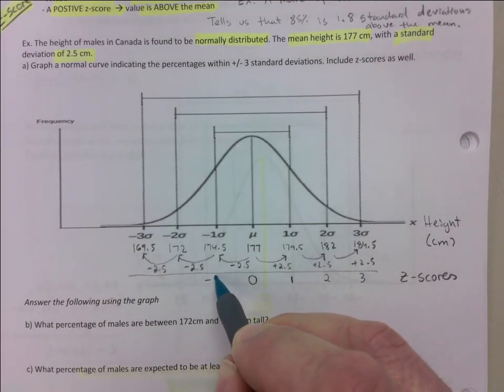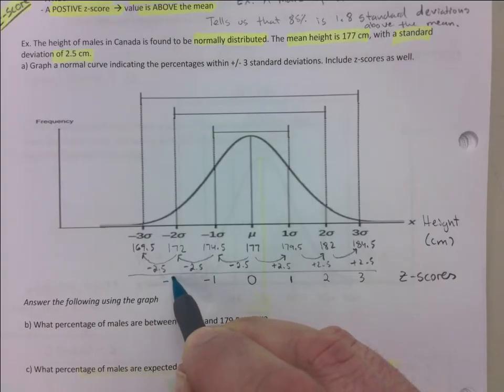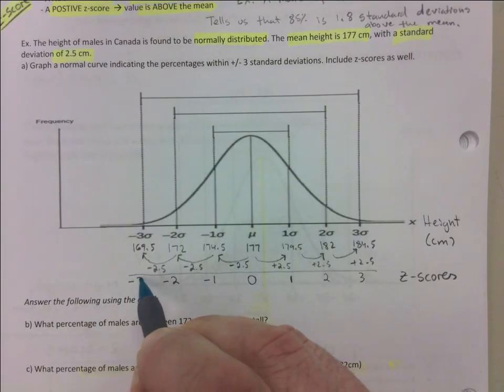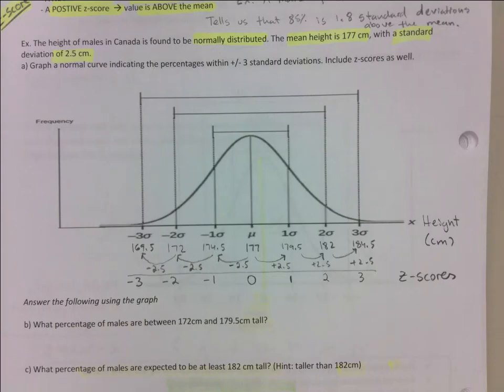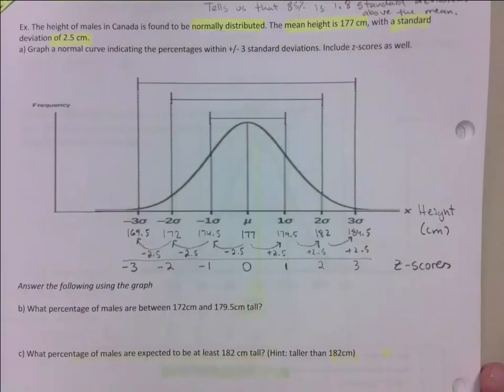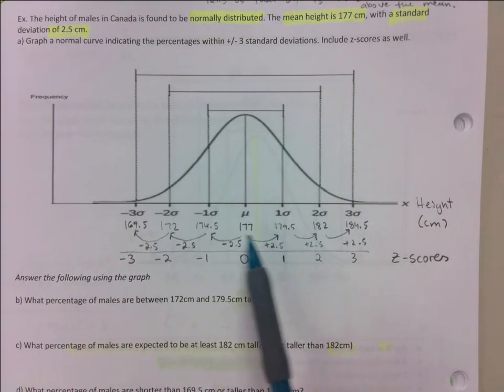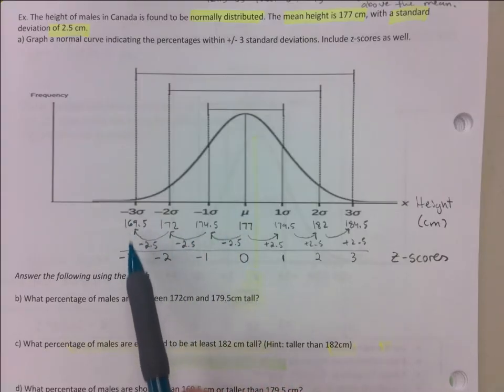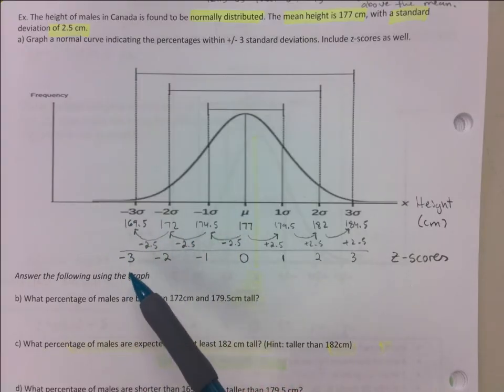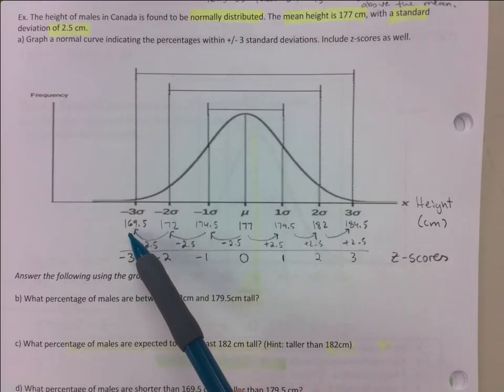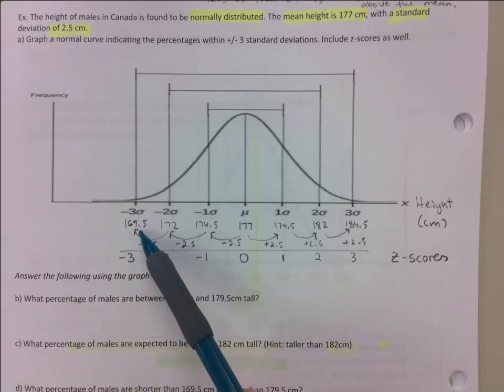You go minus 1, minus 2, minus 3. Each value you can see here has a z-score that goes with it. So if I say a z-score of -3, you're like, oh, you mean a height of 169.5 centimeters. Is that what you mean?